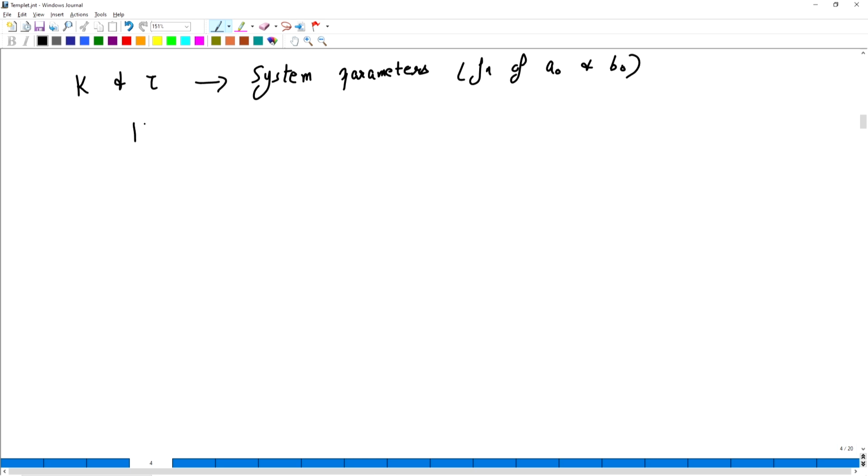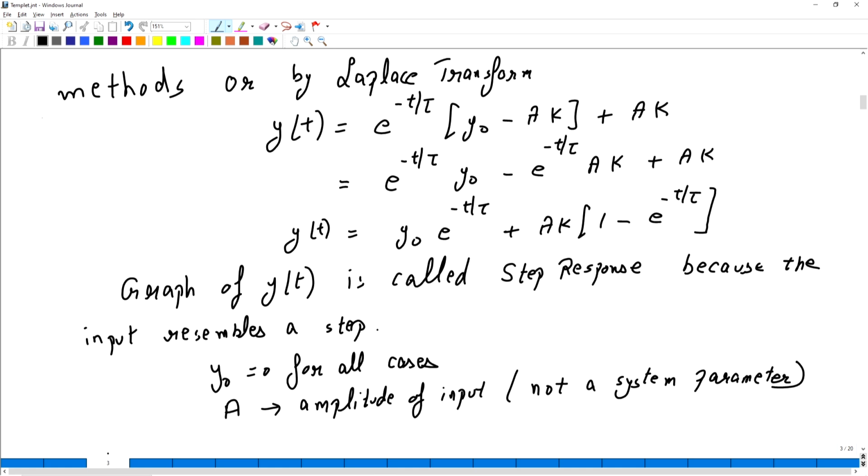Here K is called the steady state gain. If we see y of infinity, if we substitute infinity in the solution of this equation, we get y naught into e to the power of minus infinity, and we know e to the power of minus infinity is 0.